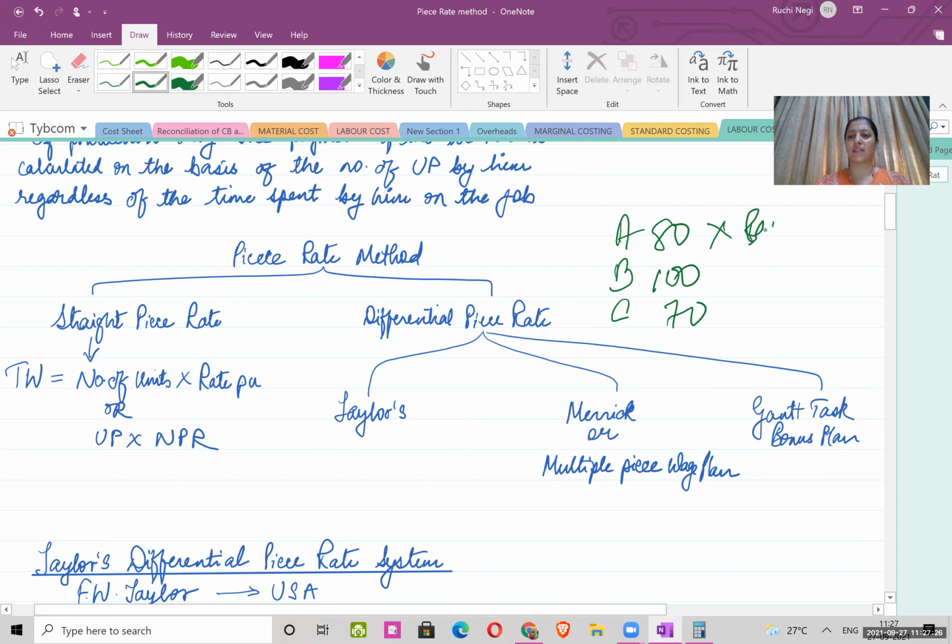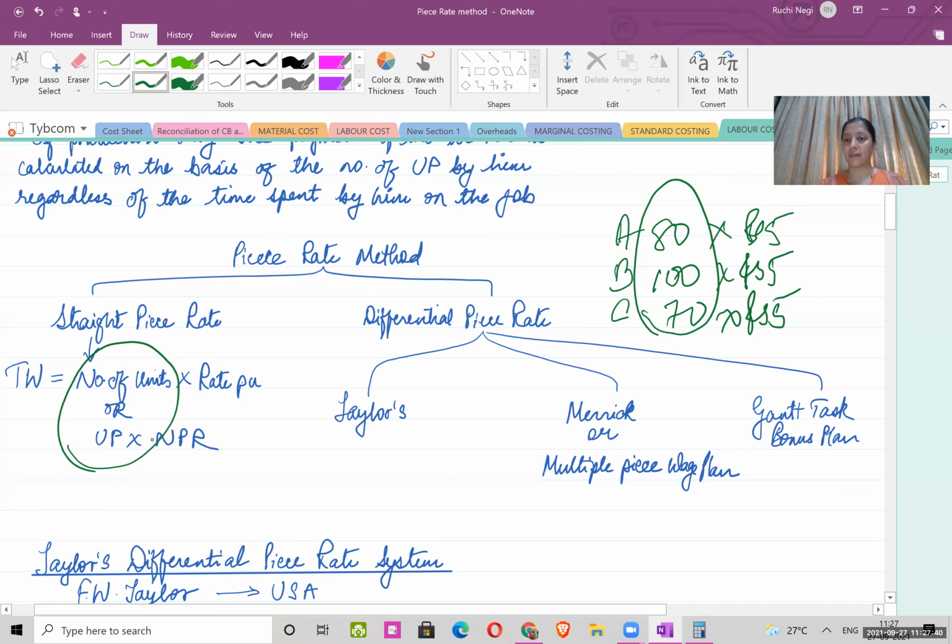So I will multiply straight with 5. So this 80, 100 and 70 is my number of units. Look into this formula. And this 5 rupees is nothing but my NPR, rate per unit. Am I clear about this?